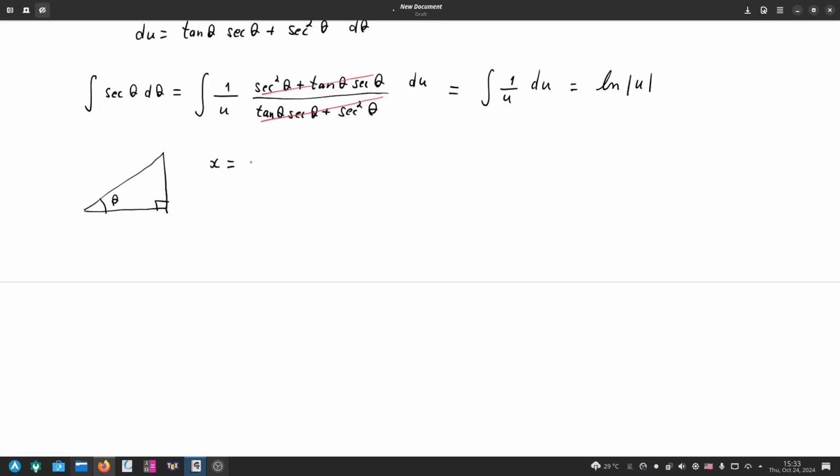Let's draw a right triangle. Remember this substitution we did earlier, let's use it to go back. Now it is easy to see what the secant of theta is.